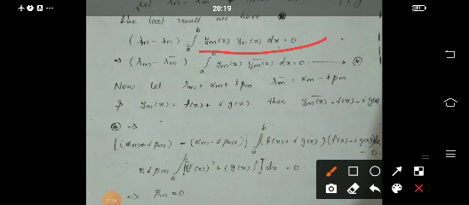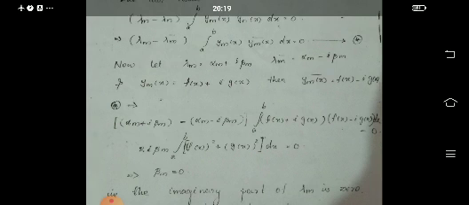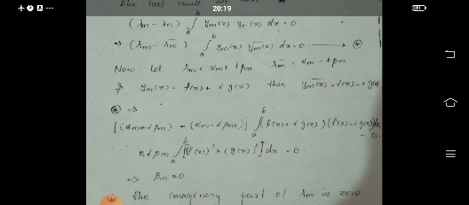Then lambda n means lambda m bar. Therefore lambda m minus lambda m bar, integral a to b ym of x ym bar of x dx, equals 0.